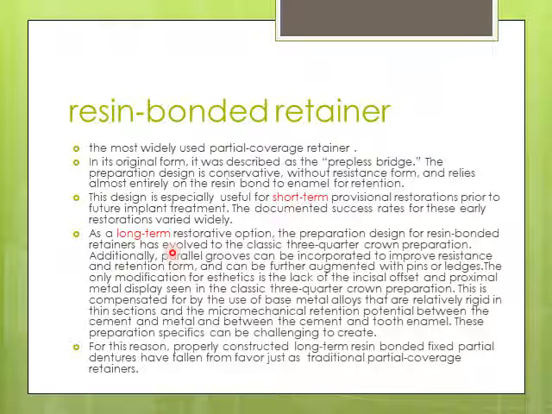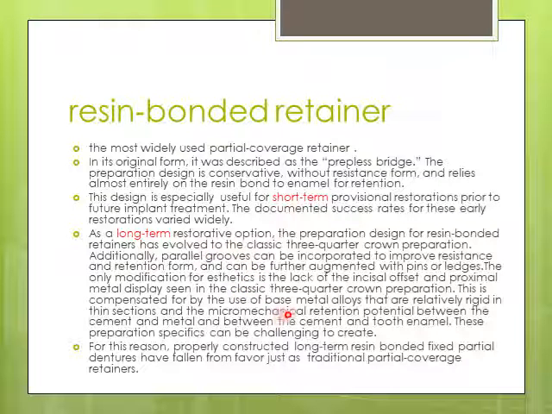While for the long-term restoration, we need a preparation like the 3/4 crown, and we need here to make more retention and resistance forms for a permanent long-term restorative option.